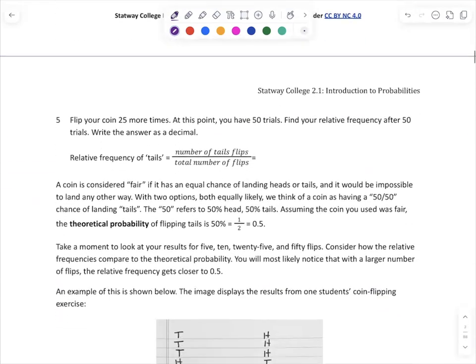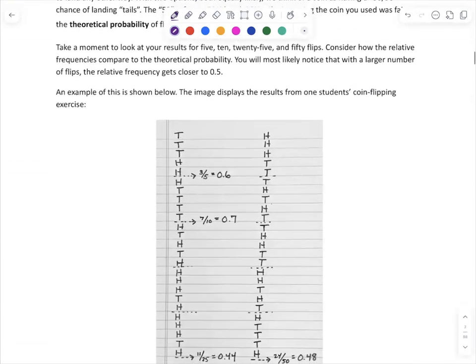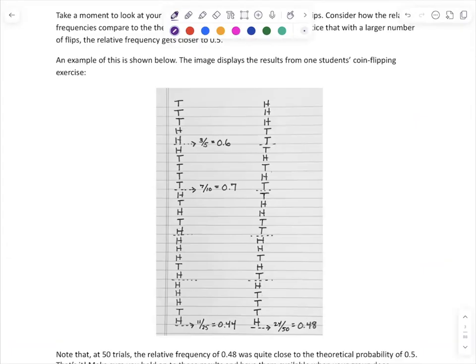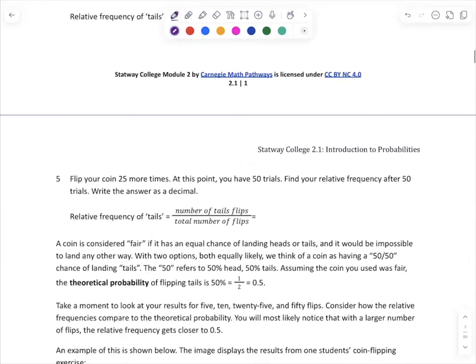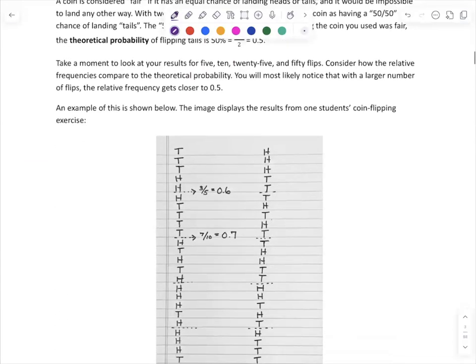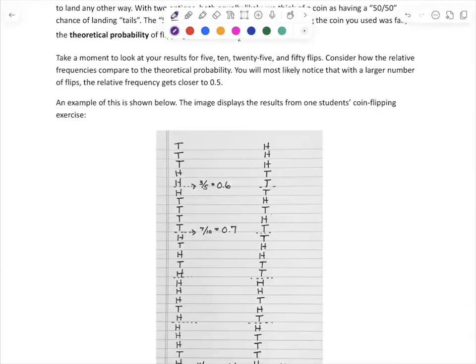So as I mentioned before, in this activity, you're going to keep track of your successes, which is the number of tails. When you're in your breakout room, one of you create a piece of paper and keep track of the number of tails. For example, in your group, you might have 3 tails in the first 5 trials.